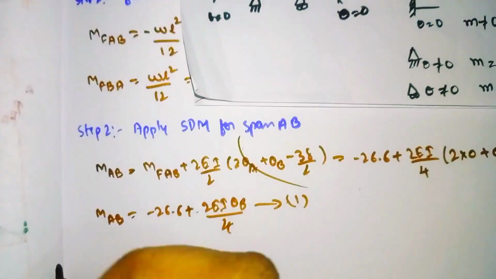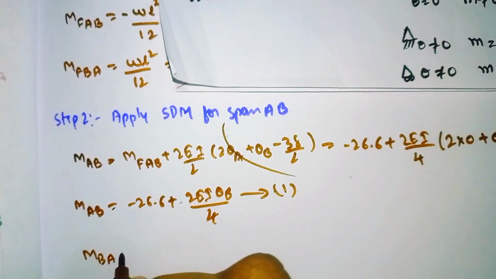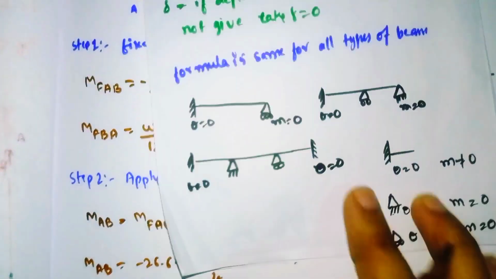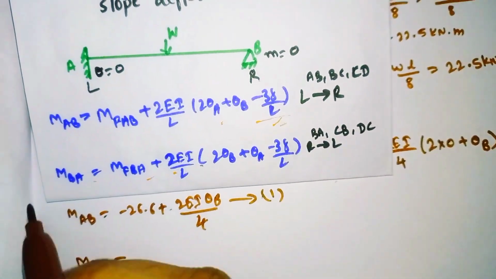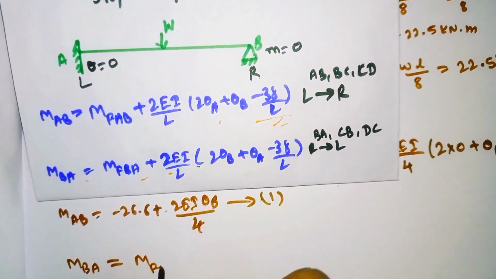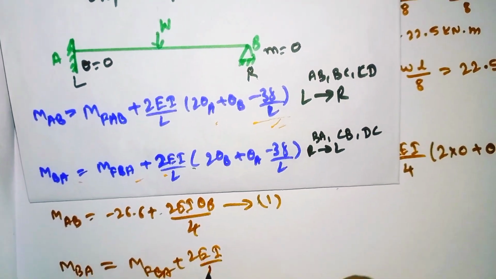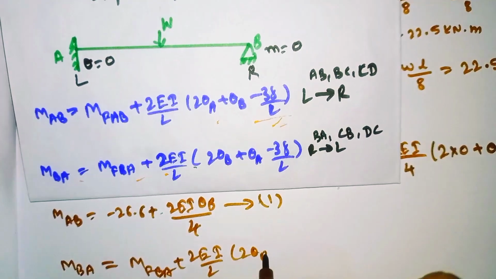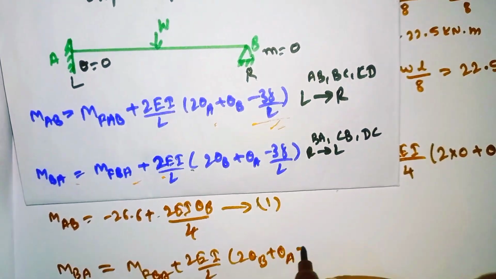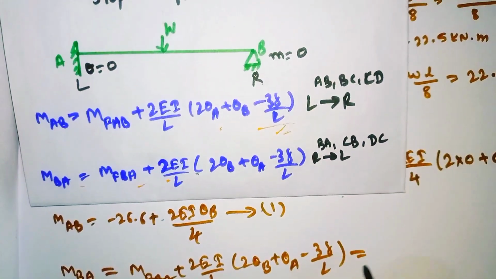Similarly, for span BA we need to calculate MBA. For that we have the formula: MBA is equal to MFBA plus 2EI divided by L into 2 theta B plus theta A minus 3 delta divided by L. Now simplify this.